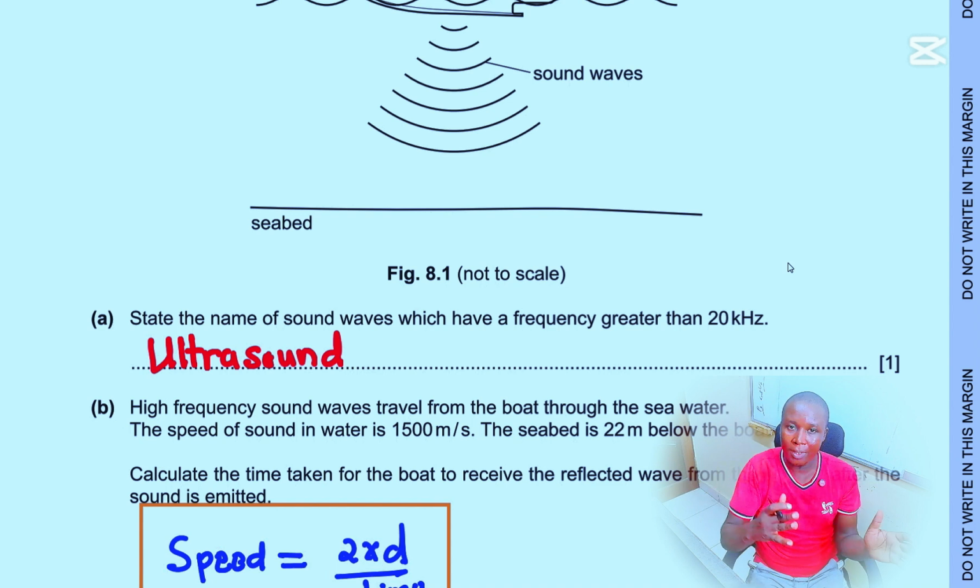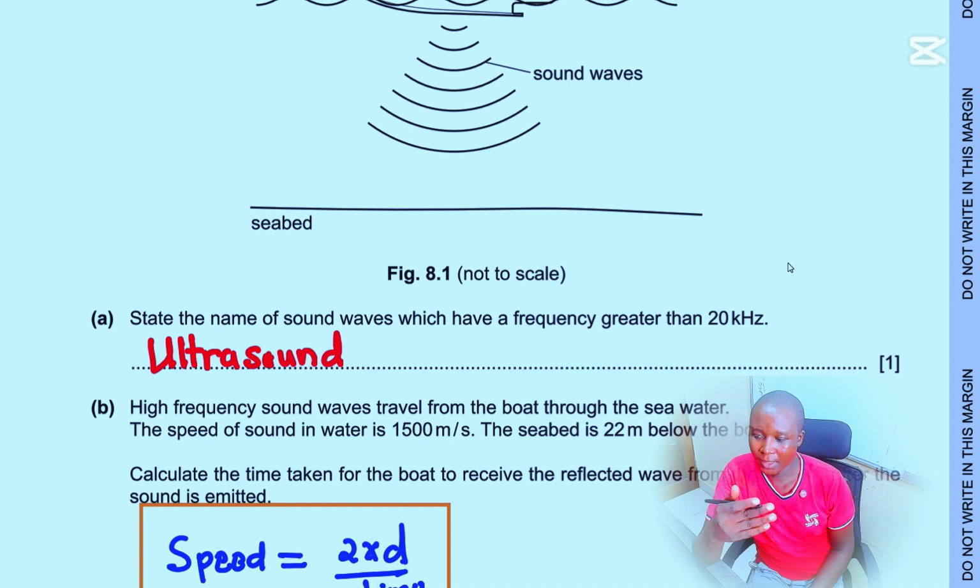Remember, the human hearing range is between 20 to 20,000 hertz. So any sound outside that range is either ultrasound if it's more than 20,000, or infrasonic sound if it's below 20.